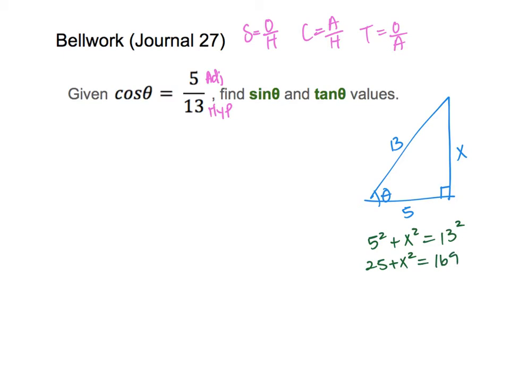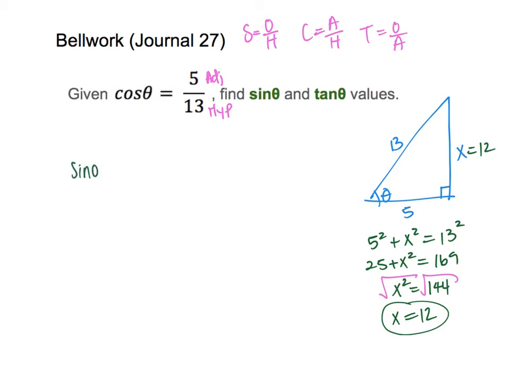And if I subtract the 25 over to the 169, I get 144. Then if I take the square root of both sides, the square root of this would be 12. So it looks like x here is 12. And so now I can figure out what sine is.